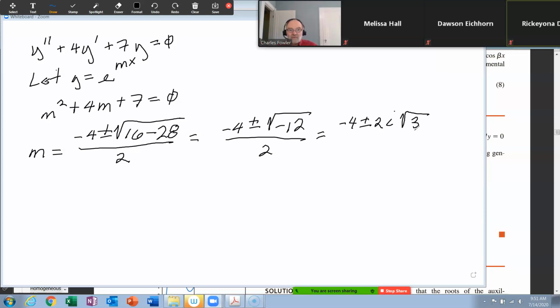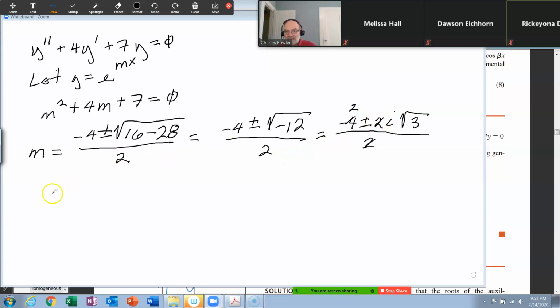I don't like to do that after a radical because sometimes in my sloppiness I might think the i is under the radical. It's not. It's outside. So if I put it in front, there's no doubt. But this is all over 2, remember? And since there's a 2 in the numerator and denominator, this will become a minus 2 here, and this just becomes a 1.